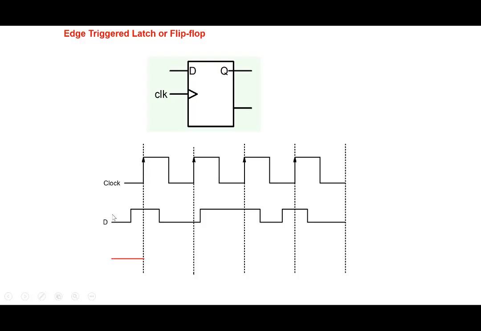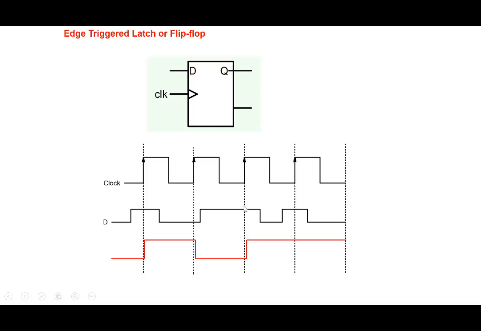Let's say Q is 0, and just before the positive edge the data was 1, so Q goes to 1 here with a little bit of delay. Now again, you look at what happens before this edge here. The data is 0, so it goes 0 here. In this case, again, you note what happens before this particular edge. The data is 1, so it goes 1 here.